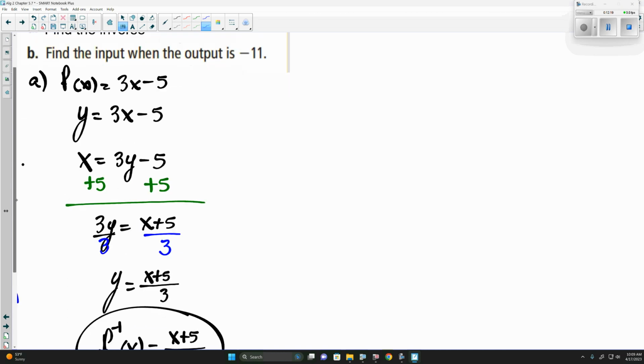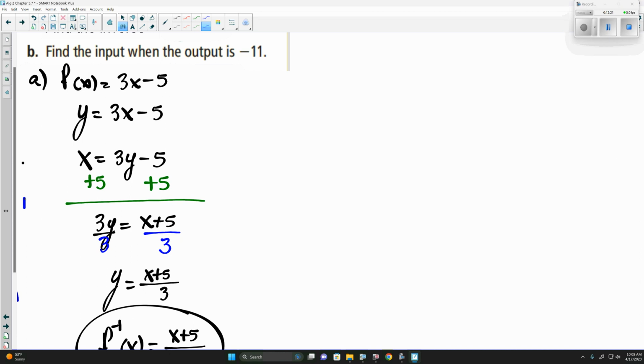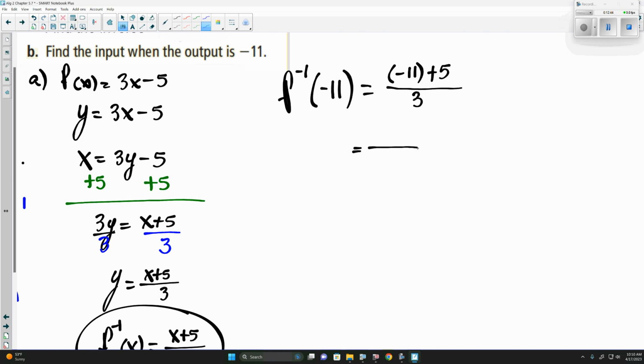Now, we'll do it the last time with this here, finding the output. So really, finding the input when the output is negative 11, using just the inverse, plugging it in, saying that we have (negative 11 plus 5) over 3. And again, at this point, we can type the whole thing into the calculator.